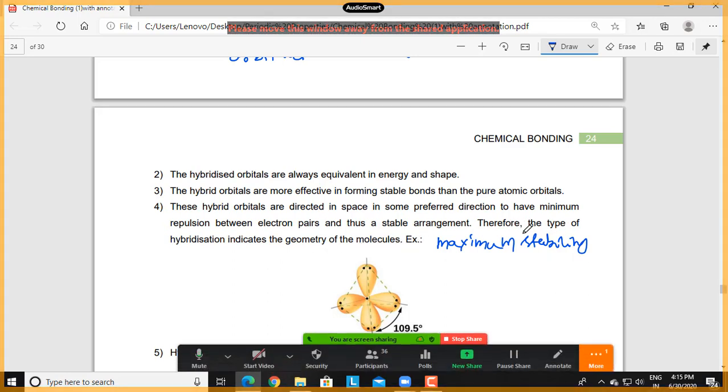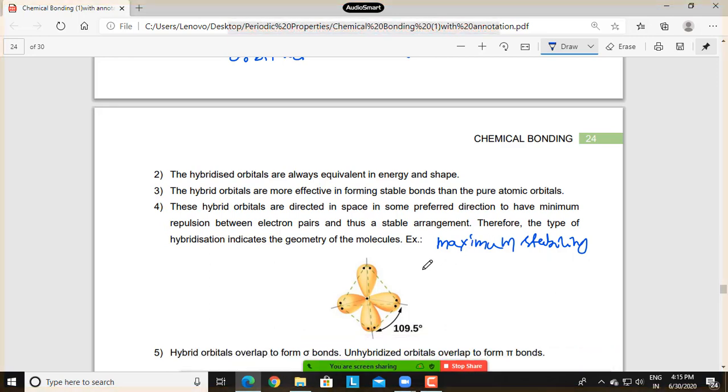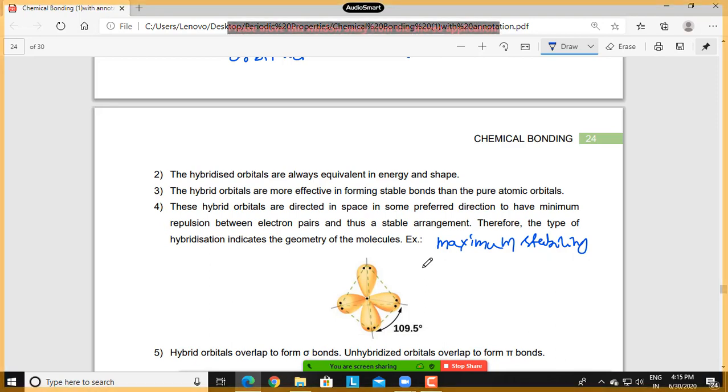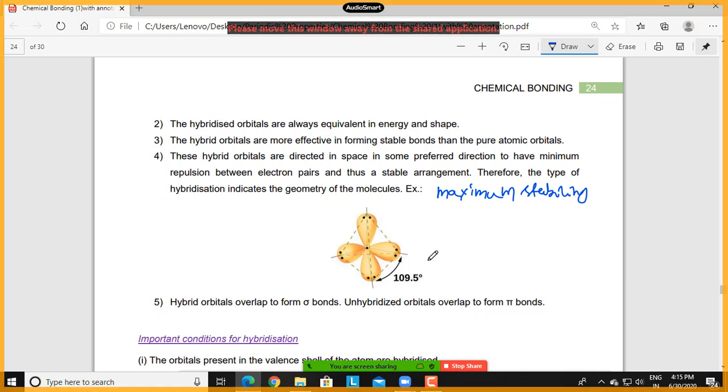They stay in space so as to get minimum repulsion, and they make a particular geometry, which depends upon the number of hybrid orbitals.